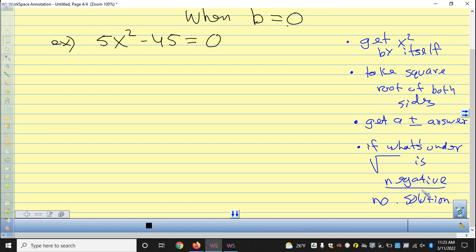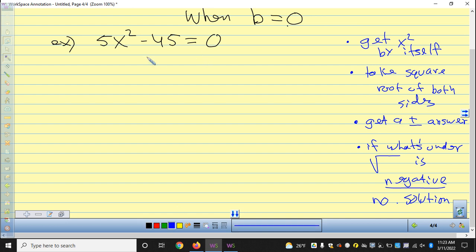So in your calculator, if you try to take the square root of a negative number, your calculator is going to give you an error. That's your calculator telling you there's no solution. So these are our steps. Get x squared by itself, take the square root of both sides, and we always get a positive and negative answer. So let's do that.